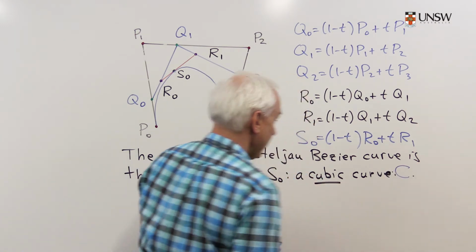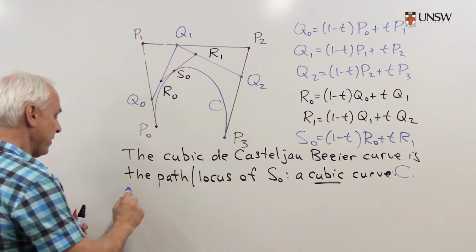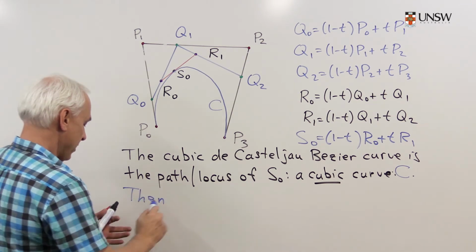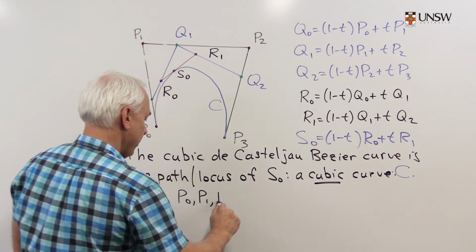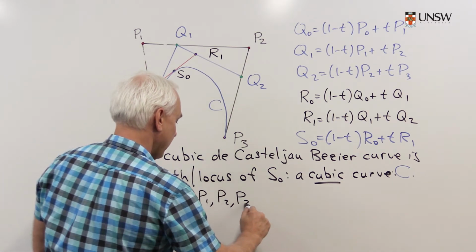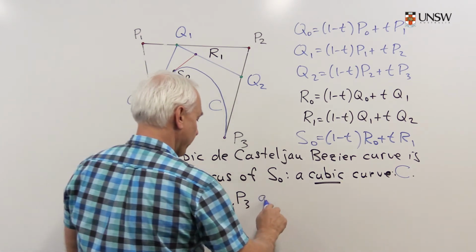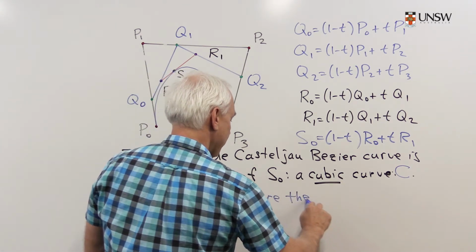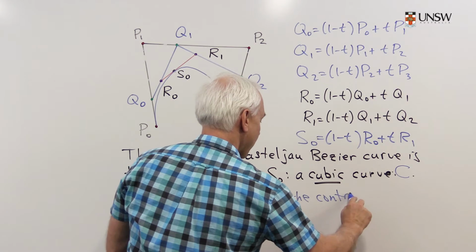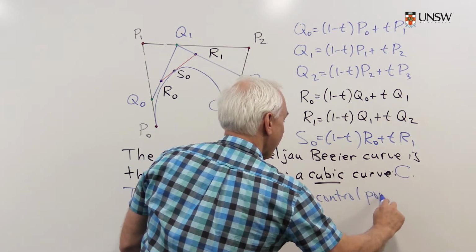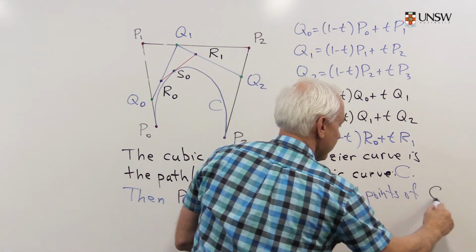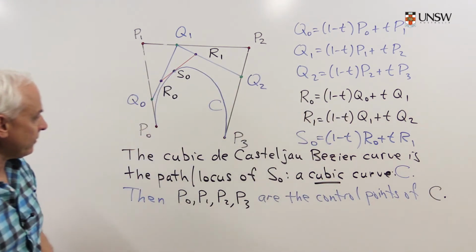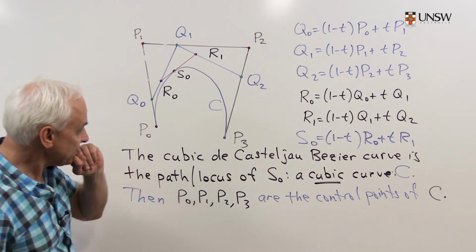All right. Then these points P0, P1, P2, and P3 are the control points of C. Now they have a bit of a different nature.